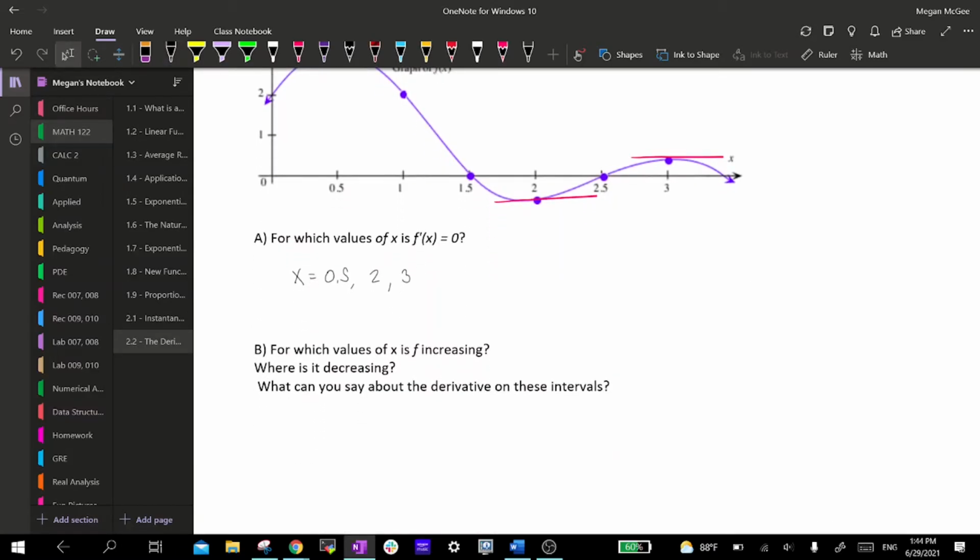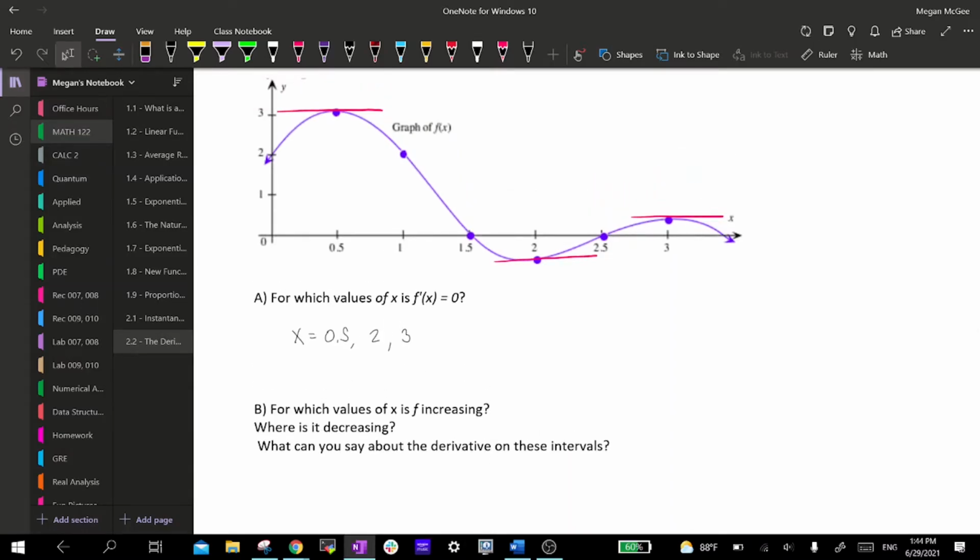Then, for which values of x is f increasing? Well, f is increasing from negative infinity up to our first 0 derivative, so up to 0.5. It's also increasing again from 2 to 3.